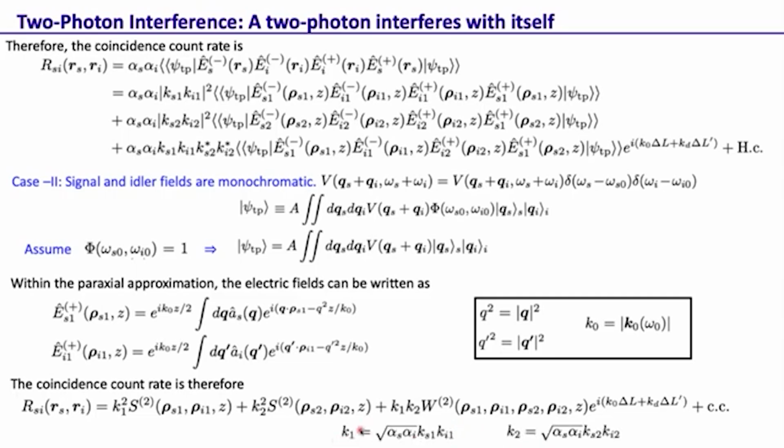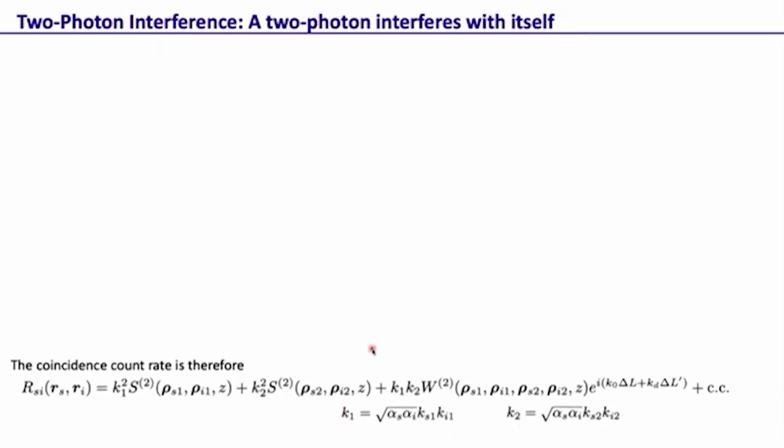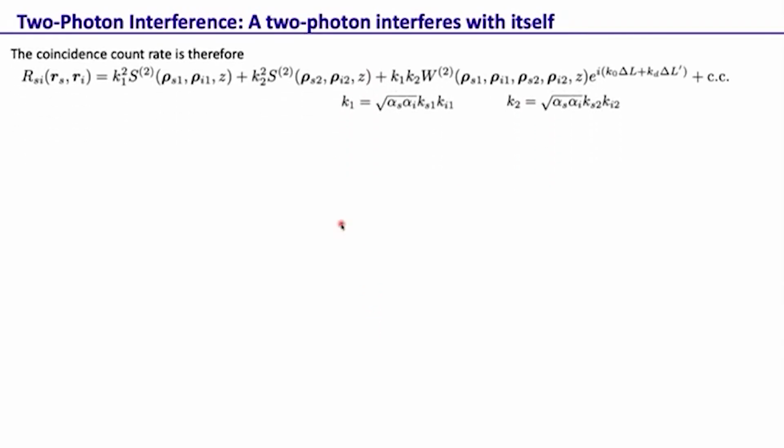This K1 and K2 are the splitting constants because of the size of the hole and so on. So that's the coincidence count rate, and this is the 2 photon interference. This is the generic 2 photon interference law, and we see the structure again is the same as we have for any interference, whether it is 1 photon or 2 photon, as long as it involves 2 interfering alternatives.